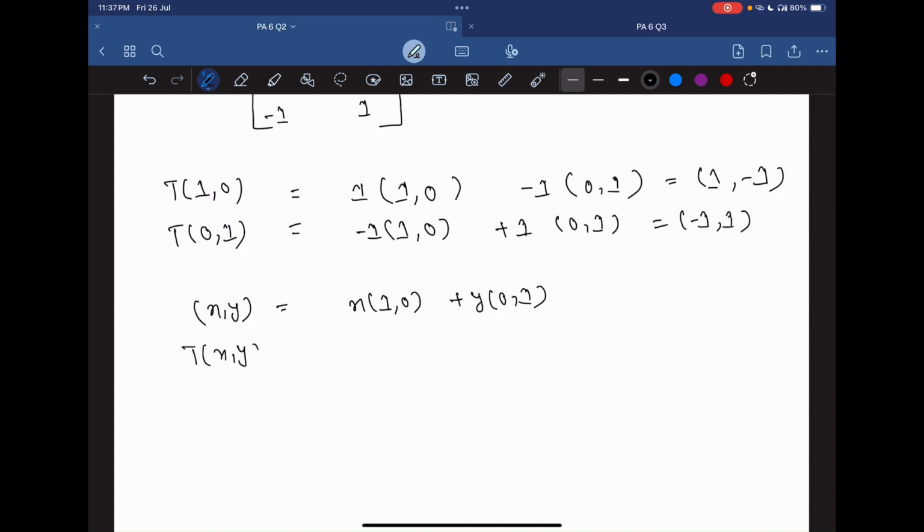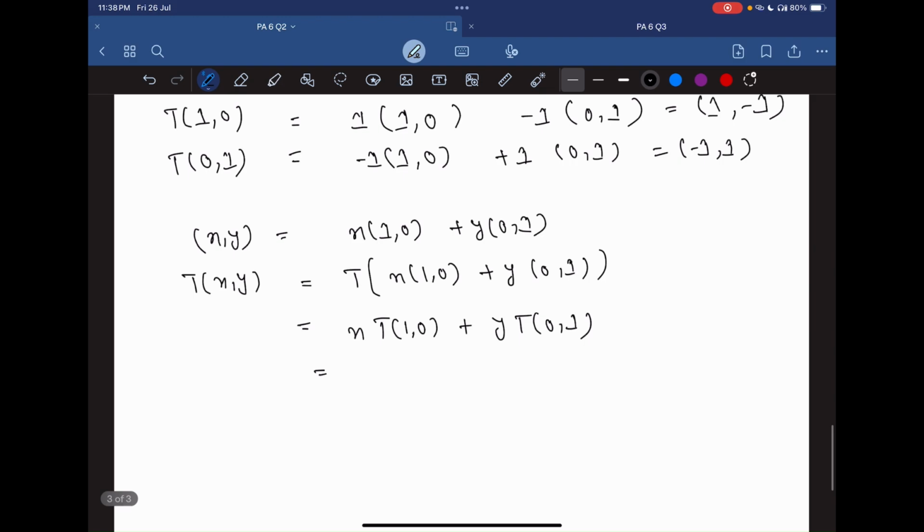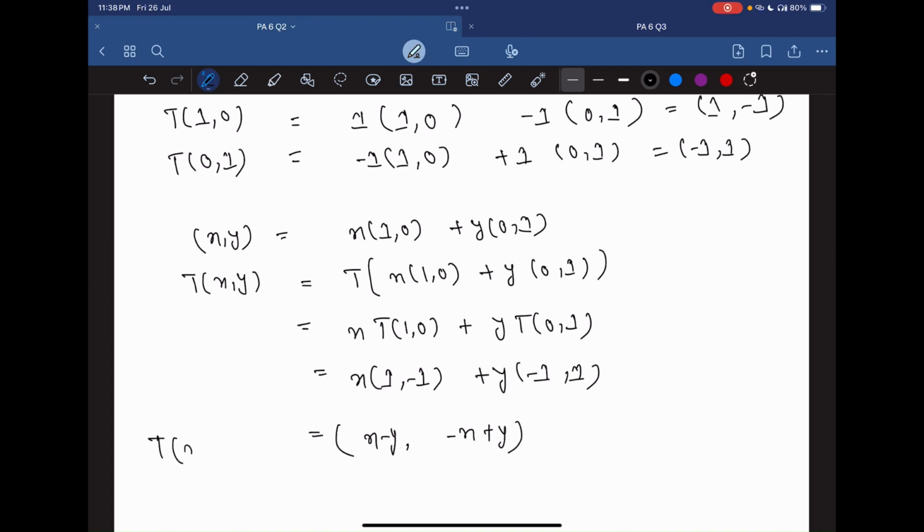Taking T on both sides and using the property of linear transformation, and we have already found T of (1, 0) and T of (0, 1) as these values. So it would be (x minus y, minus x plus y). So this would be our linear transformation.